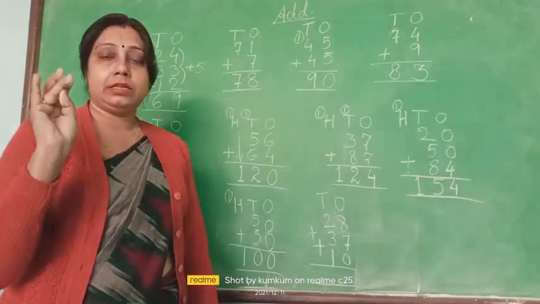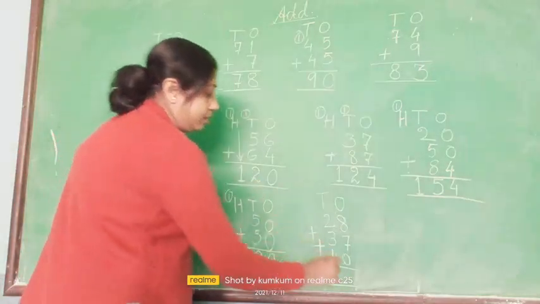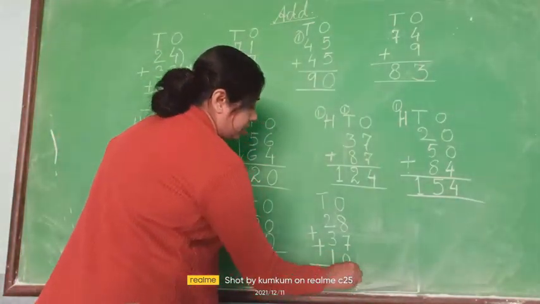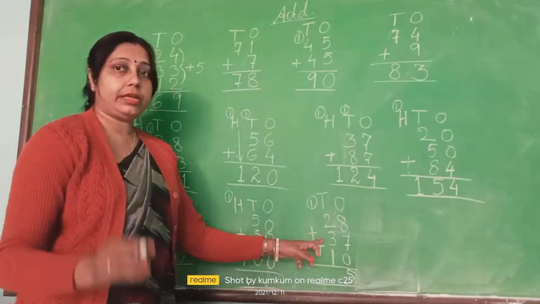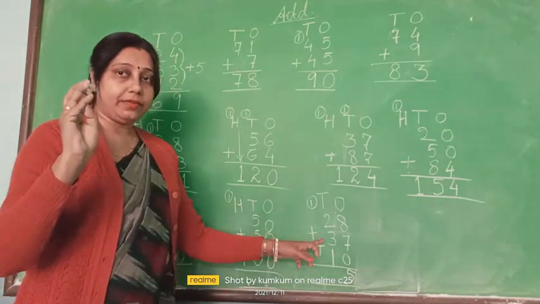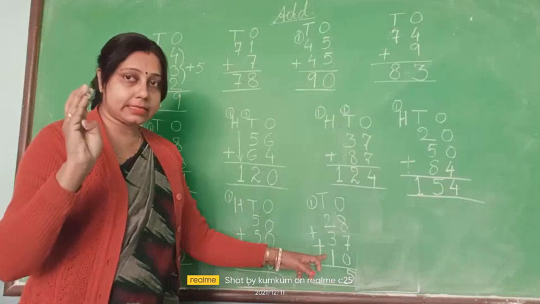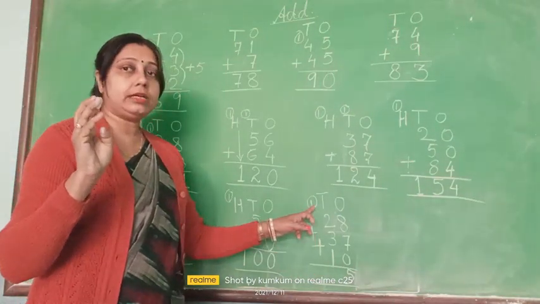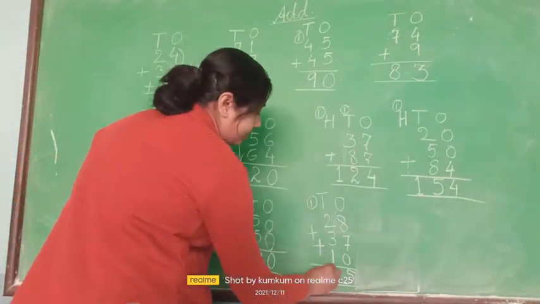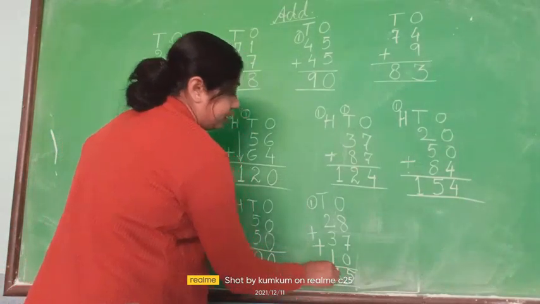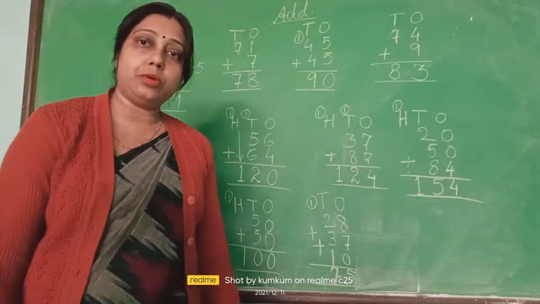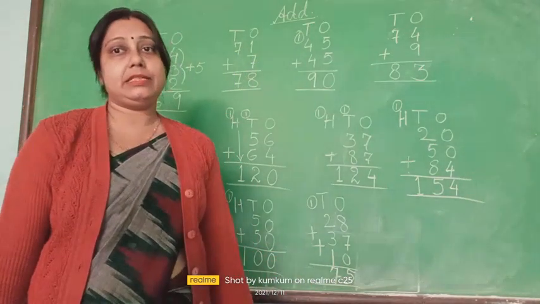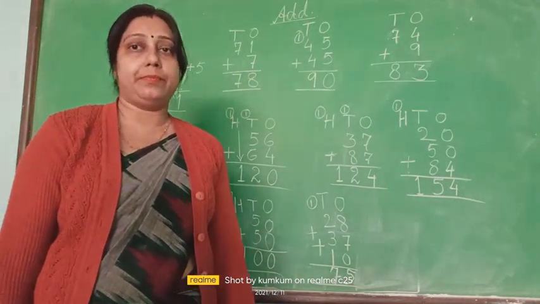So I am going to write here 15, 5. 1 in hand. So after 2, 3, 4, 5. 1 in hand, 6. And 1 carried over, 7. So the answer will become 75. So children, please practice this type of sums at home so that it will become easier for you to do in the exam. Thank you.